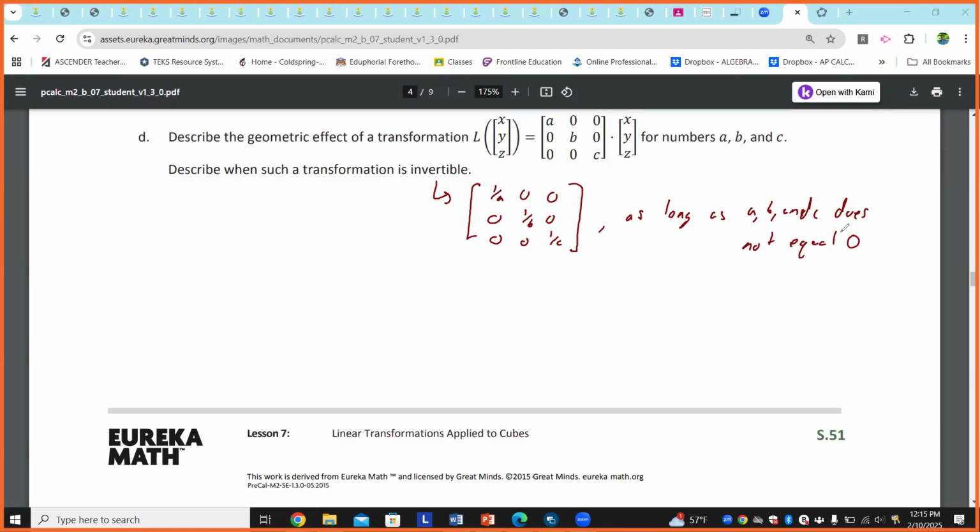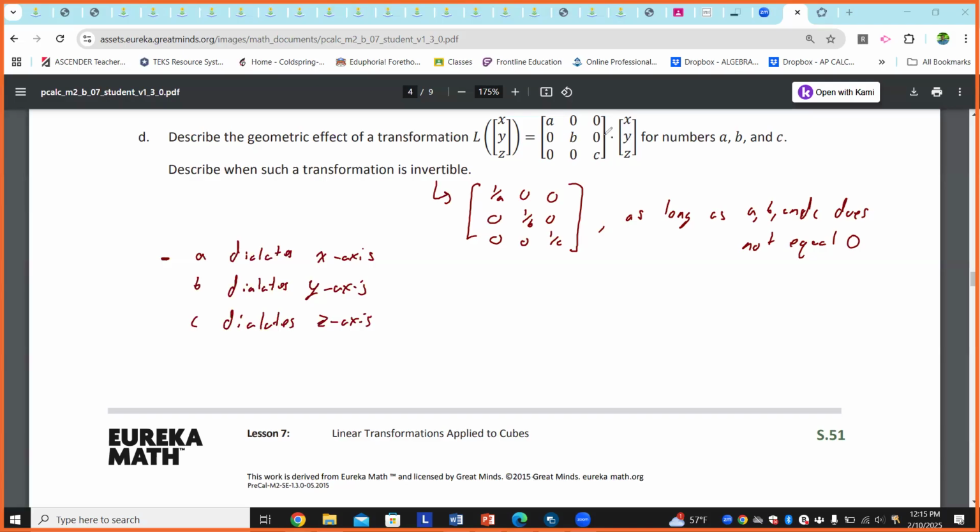All right. Something else that you can add into this as well is that the A actually dilates the x-axis. The B dilates the y-axis. And the C dilates the z-axis. And if we were to multiply this out, this would kind of make sense because this is A times x, and then these zeros would cancel out y and z, and you would only be left with Ax.